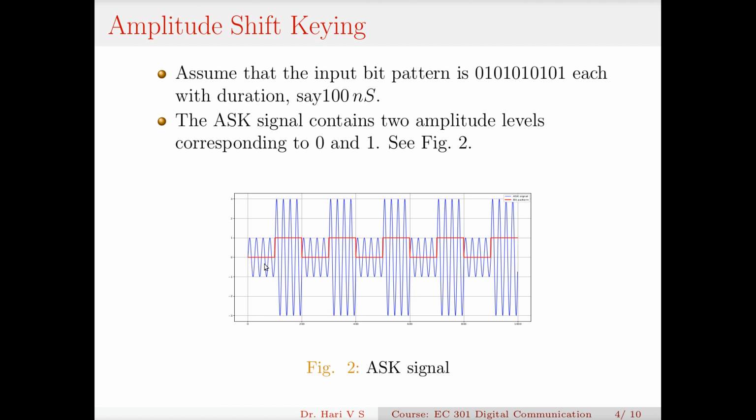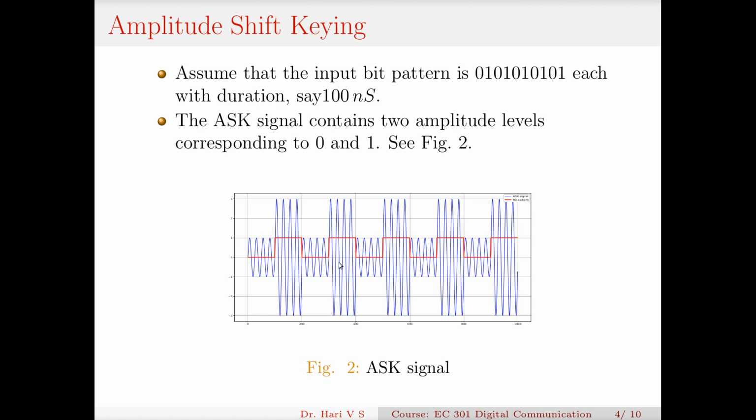Corresponding to the 0, I have one amplitude, say 1 millivolt. And here my bit becomes 1, so it goes to say 3 millivolt.